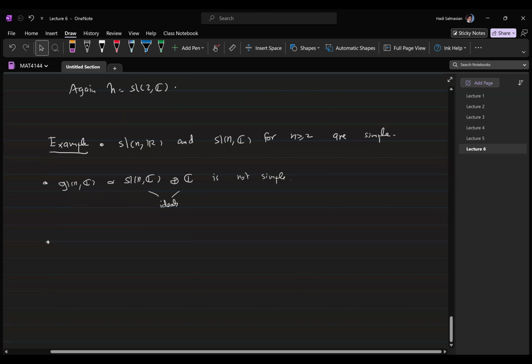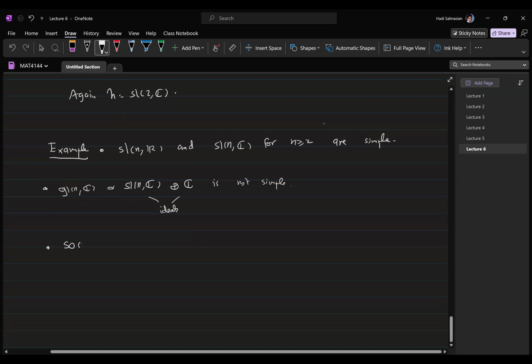What about the orthogonal ones? What about SONC? This is supposed to be the Lie algebra corresponding to that Lie group SONC. To be more explicit, this is the set of matrices in SLNC, GLNC, doesn't matter, such that X plus X transpose equals 0.